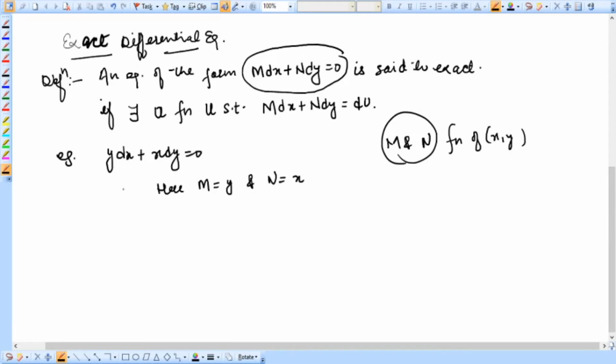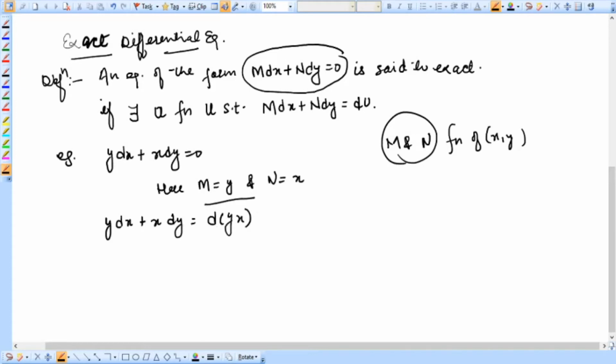Can we write y dx plus x dy as the differential of yx?